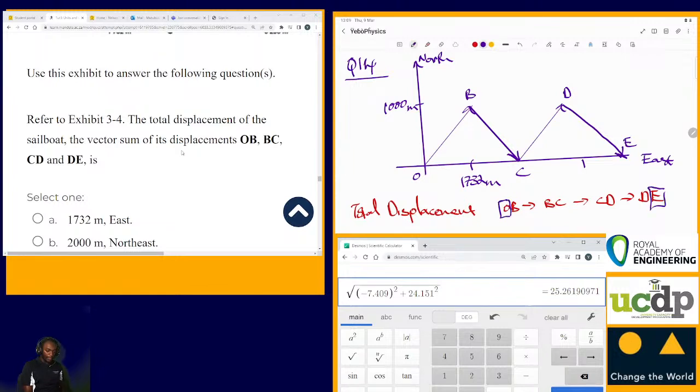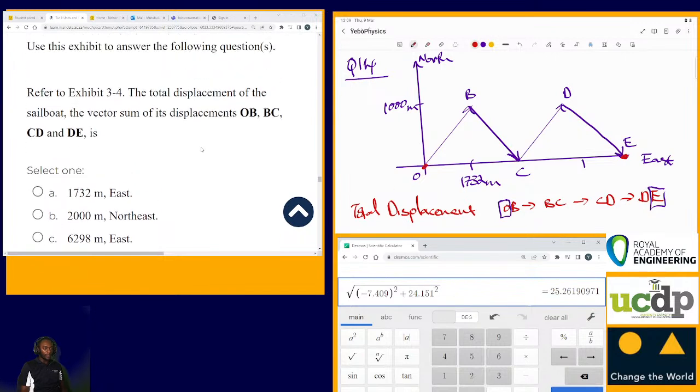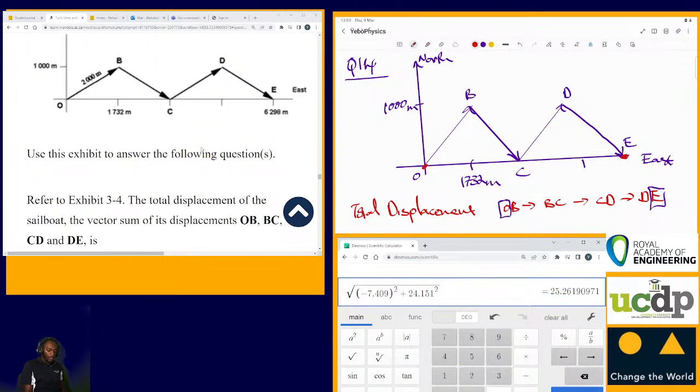We are at E, which is the finishing point. So this is our reference starting point, and this is our finishing point. So what do we do now? Our displacement is going to be from this point to this point. That would be our vector OE, from the origin to E.